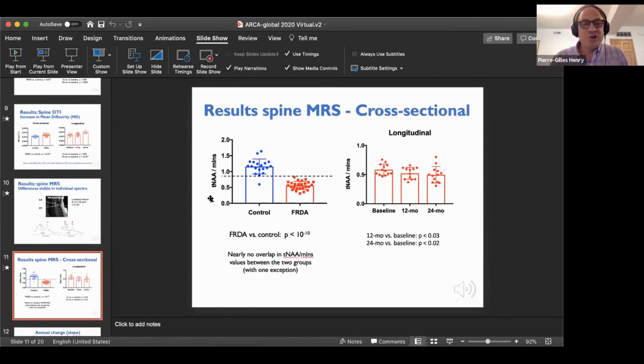When we take the ratio NAA over myo-inositol, we found that there was almost a 50% decrease in the ratio NAA over myo-inositol in patients versus controls, and there was almost no overlap in the values, with one exception. And there was also a longitudinal decrease in the ratio over time.